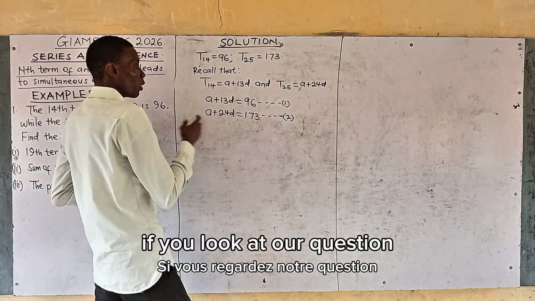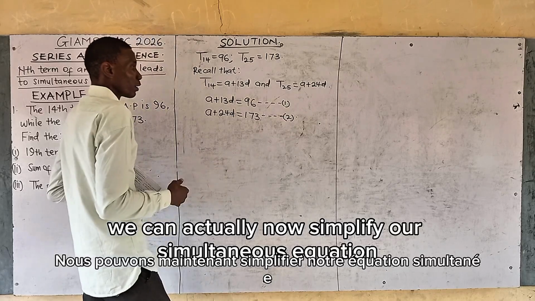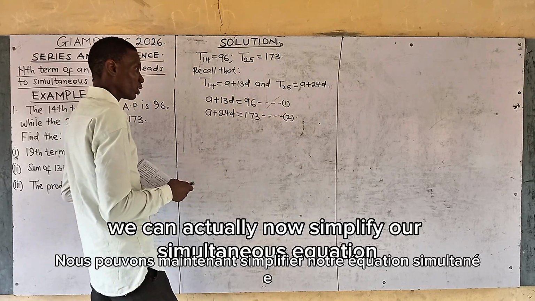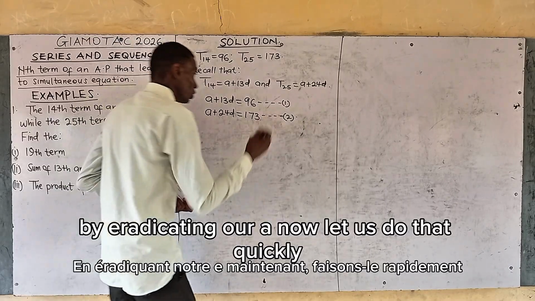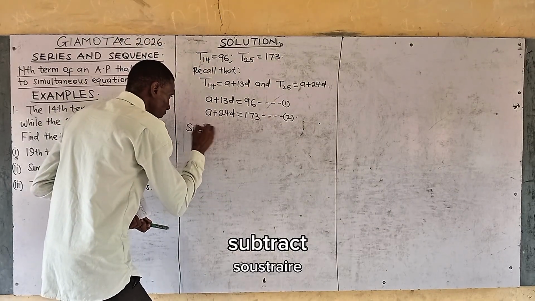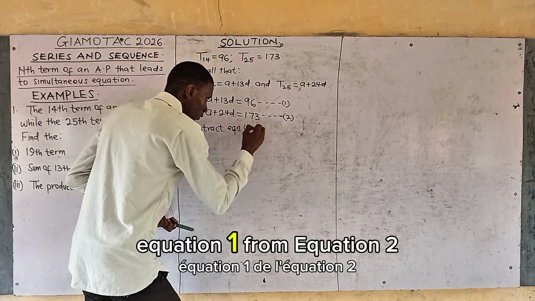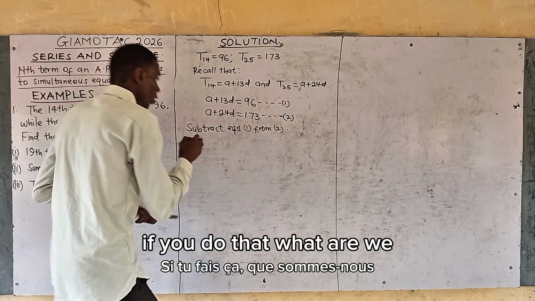If you look at our question, A is alike in both. We can now simplify our simultaneous equations by eliminating A. Now let us do that quickly. How do we do that? You subtract equation 1 from equation 2. If you do that, what are we going to have?